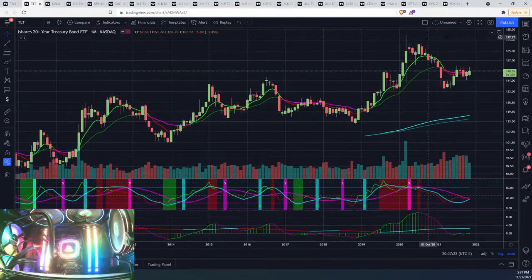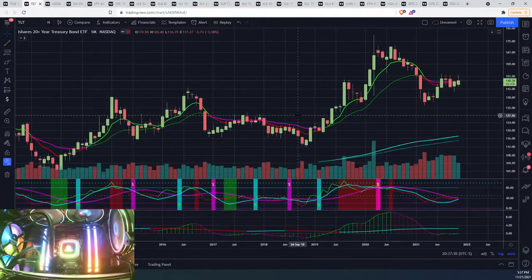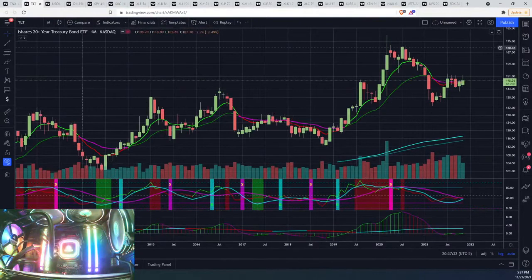Potential bearish divergence, stock market crash, after which we see bonds peak, the dollar peak, and that's it. That was our big rally, our short squeeze, whatever you want to call it, for the dollar. But if we don't see that take place, I think the stock market keeps pushing higher. So that's what I'm paying attention to.